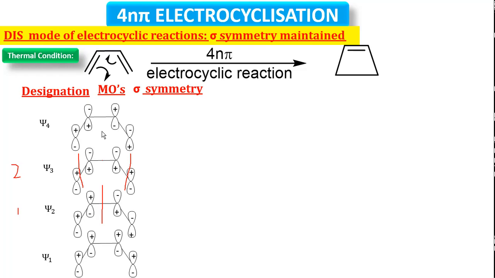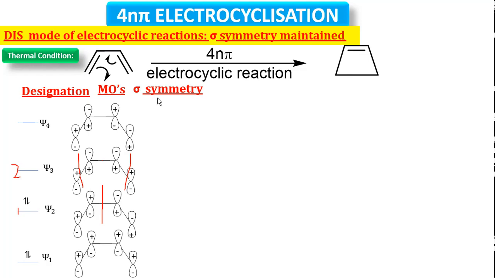Let's see the electronic configuration. There are 4 electrons because there are 2 pi bonds, 2 into 2, 4 pi electrons. 2 electrons fill the psi1 molecular orbital, and 2 electrons fill the psi2 molecular orbital.